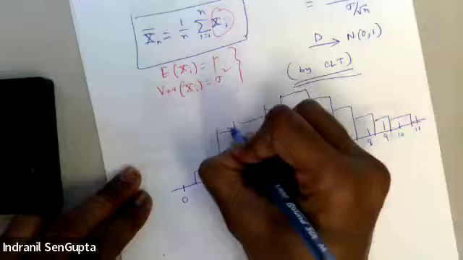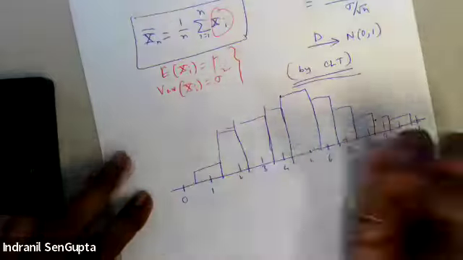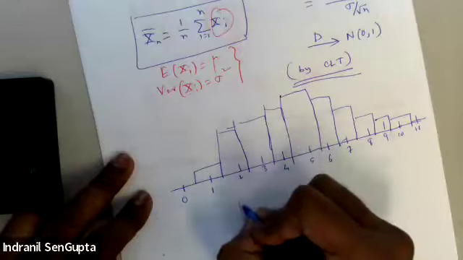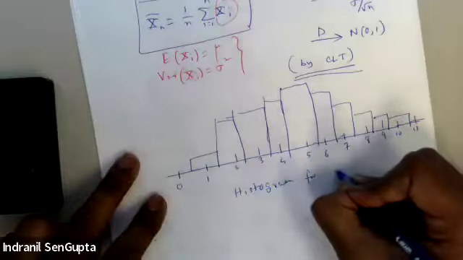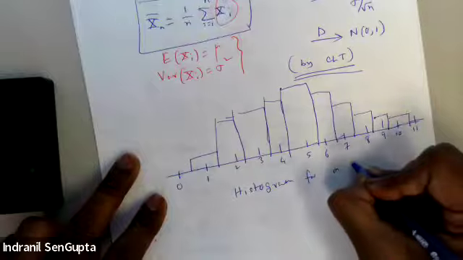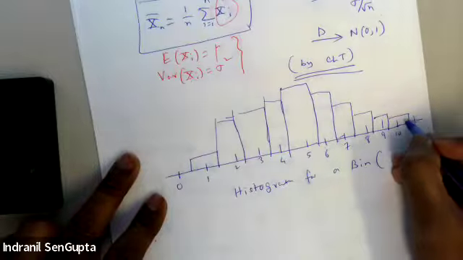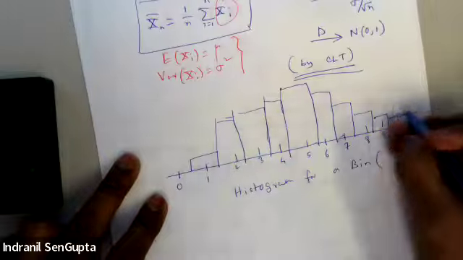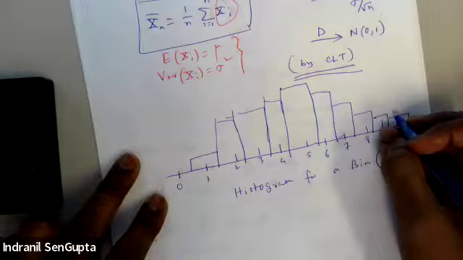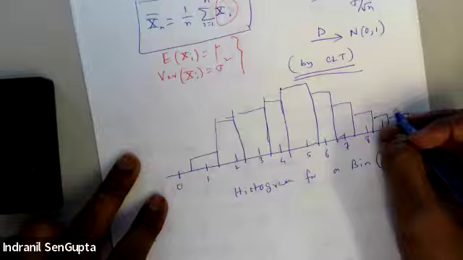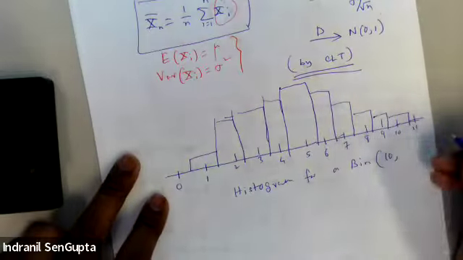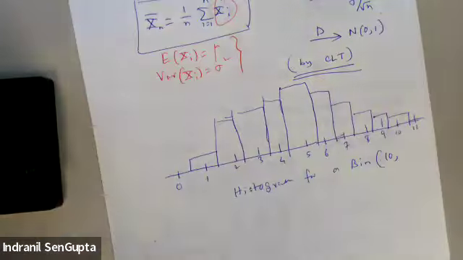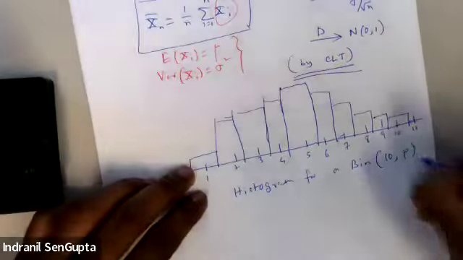This is the histogram for the binomial with 10 trials and a certain probability of success, p.